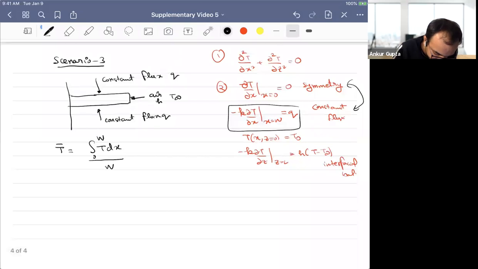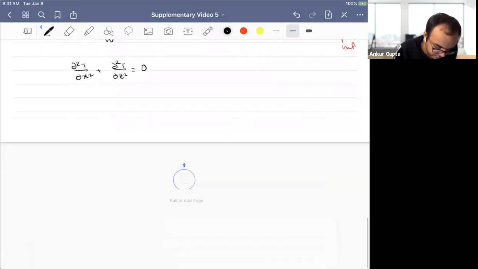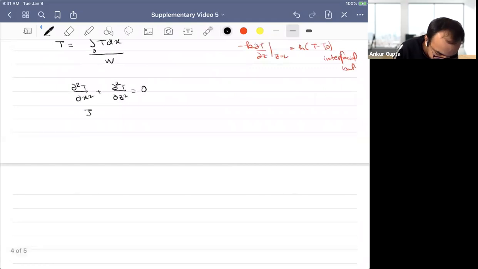So let's say we have del²T by del x² plus del²T by del z² equal to 0, and now we integrate in x.